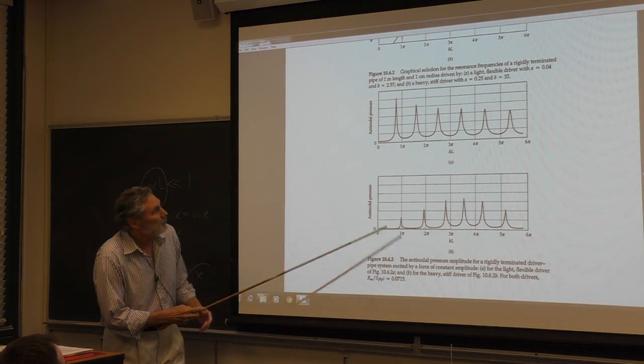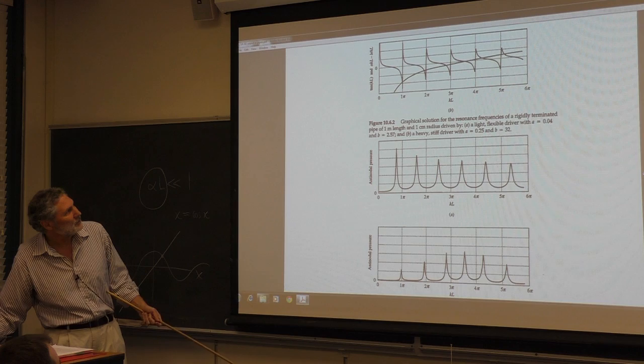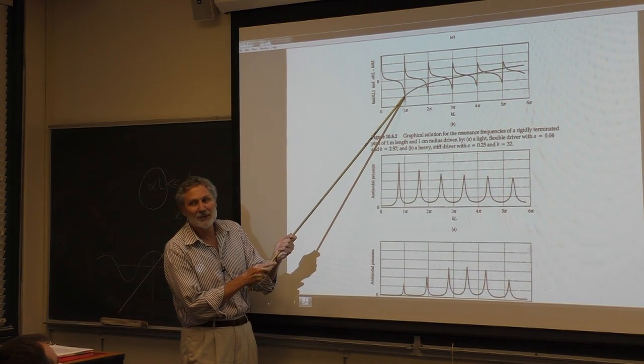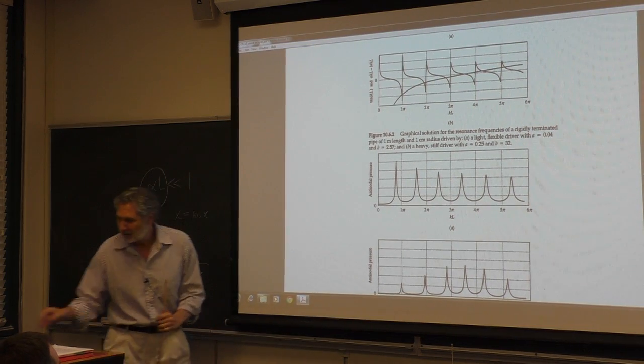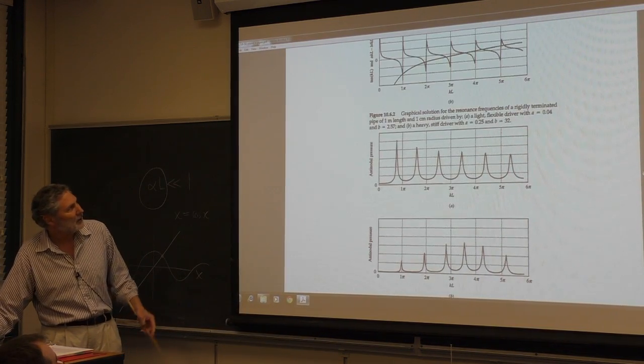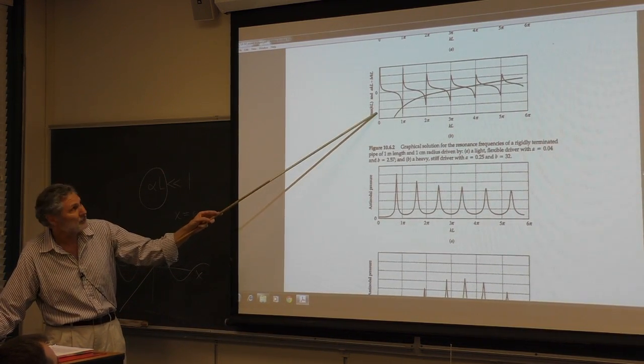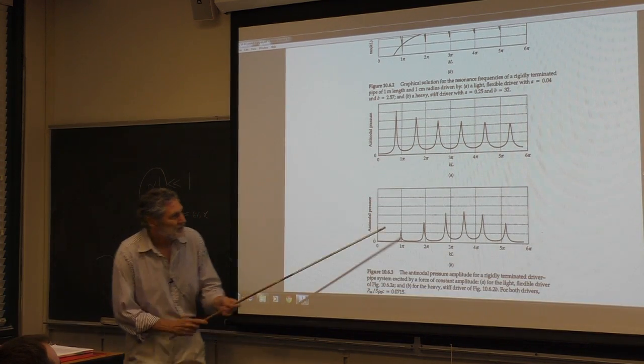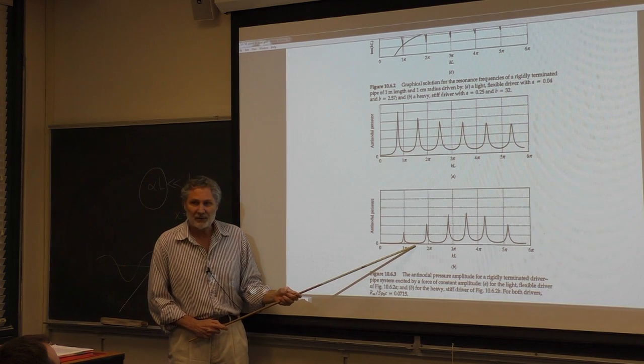I want to point something out here, and it took me a few years to realize this. Remember back here where the resonance and the anti-resonance are really close? Here we are, the heavy, stiff driver. First resonance is there, so here's the resonance. Where's the anti-resonance here?